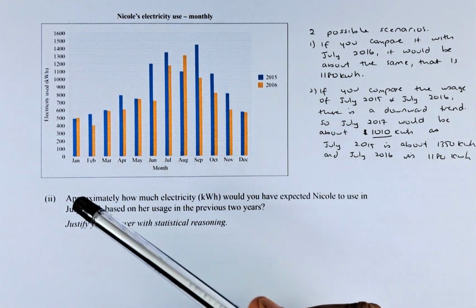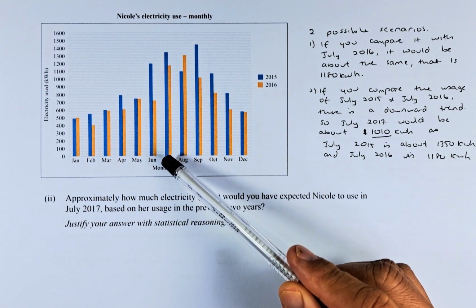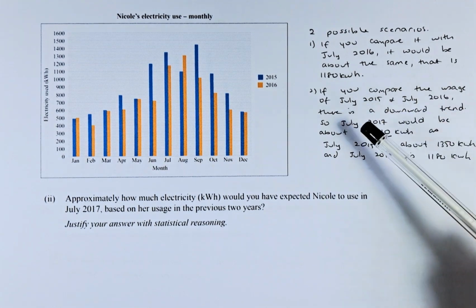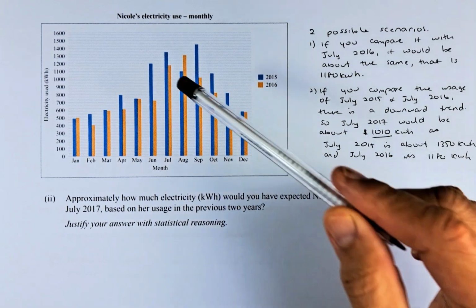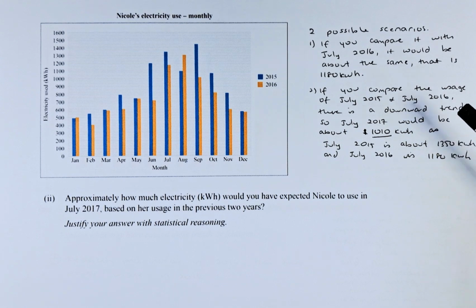However, if you compare the graph in July 2015 and 2016, there is a decreasing trend. So July 2017 will be going down a bit more, maybe to 1010 kilowatt hours, as July 2015 is about 1350 kilowatt hours, and July 2016 is 1180 kilowatt hours.